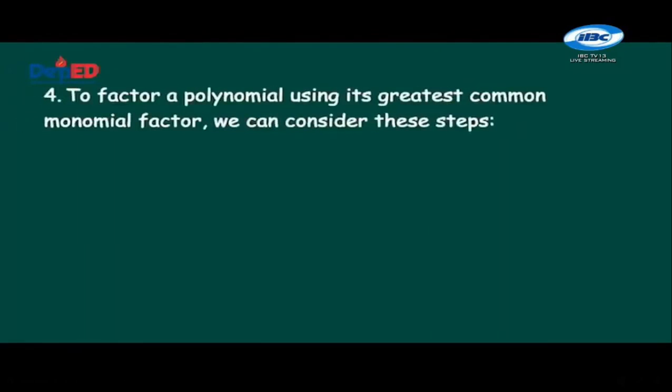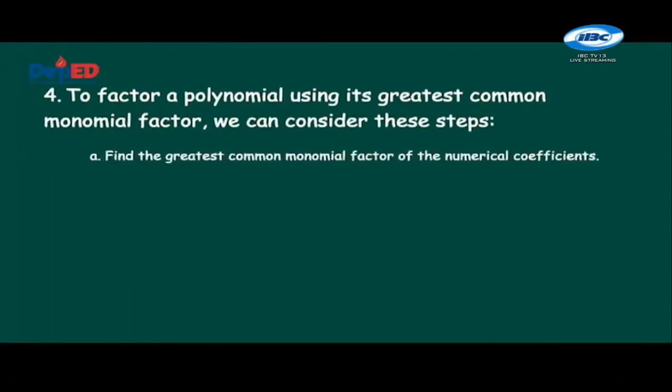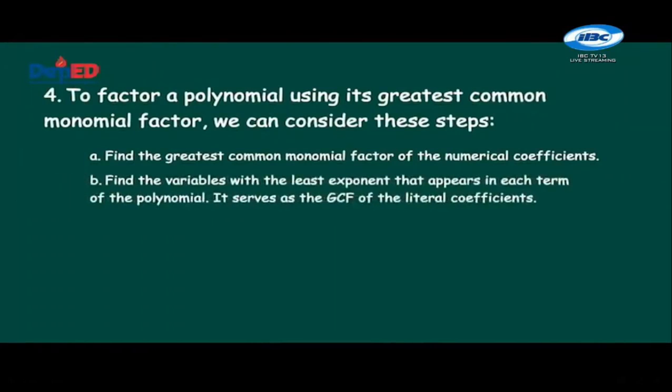Number 4. To factor a polynomial using its greatest common monomial factor, we can consider these steps. A. Find the greatest common monomial factor of the numerical coefficients. B. Find the variables with the least exponent that appears in each term of the polynomial. It serves as the GCF of the literal coefficients.